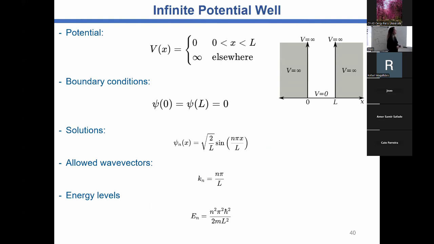In the case where we have the potential wall, we have some limits where the electron can move.